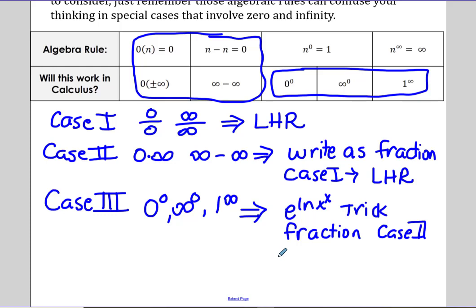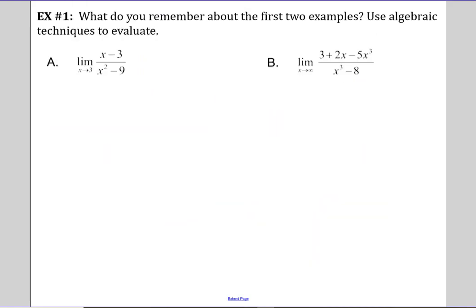Then we could use that as a test for case 1, L'Hopital's rule. Once we get to case 2, we write as a fraction, and that would lead us to case 1, and then we would use L'Hopital's rule. So that's how indeterminate form is broken down in my mind.